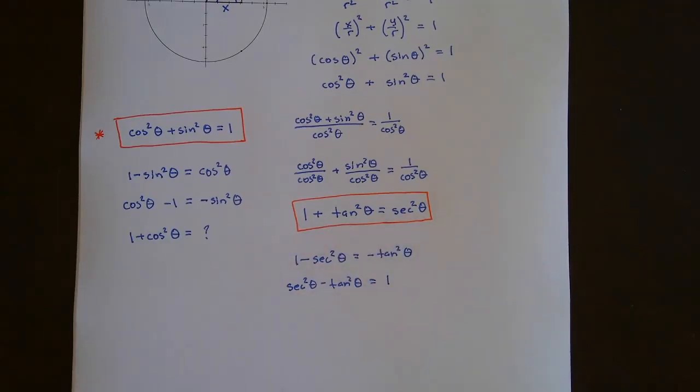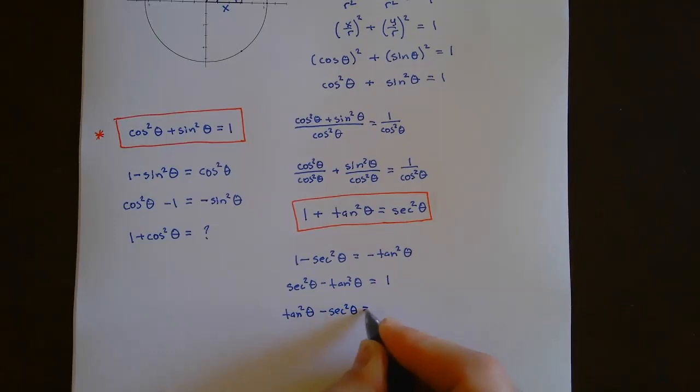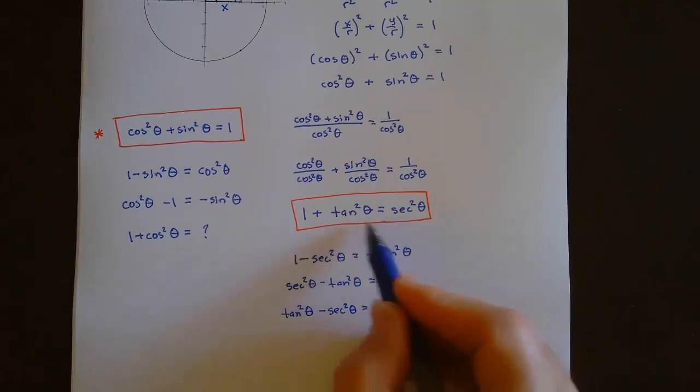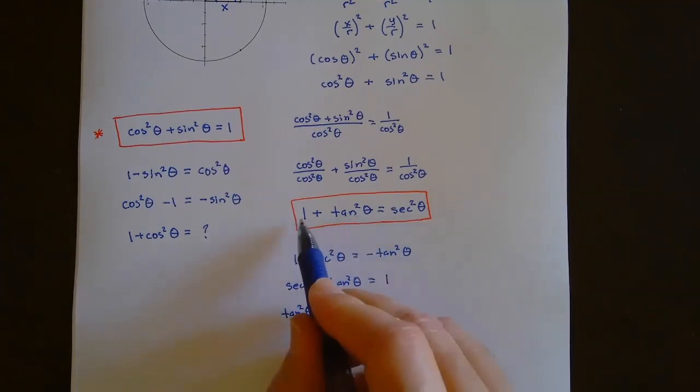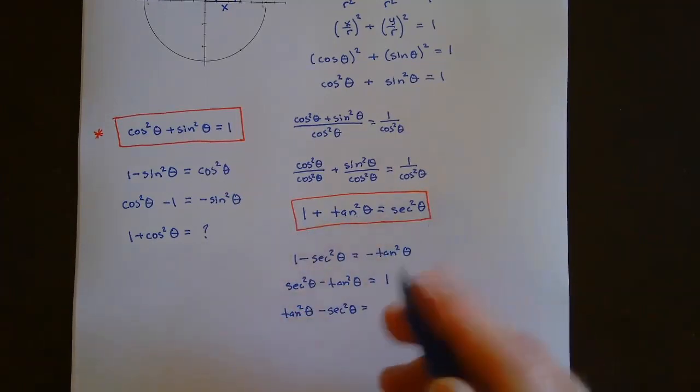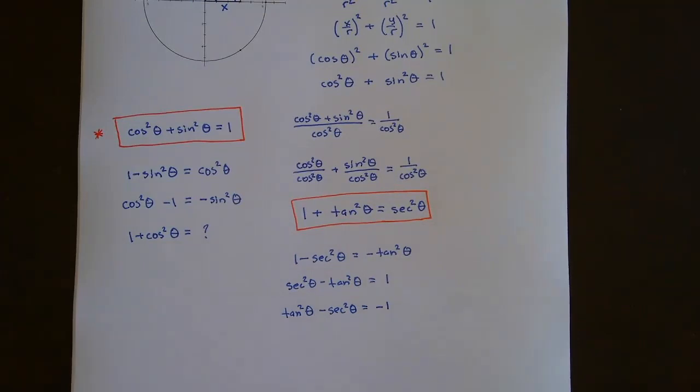Okay? That would be just moving tan squared theta over to the right-hand side. Okay? How about tan squared theta minus secant squared theta? Well, I'd have to move the secant squared theta over to the left-hand side, and I'd have to move the 1 to the right-hand side, right? So that would make negative 1, okay? How about this one? Tan squared theta plus secant squared theta.